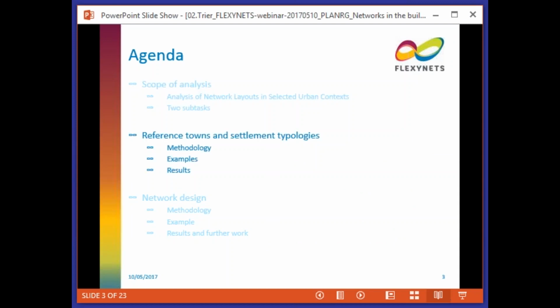So moving to the first part of this analysis regarding the different towns and, let's say, settlement typologies, meaning the different parts of the towns, which can be very different from the average of an entire town.